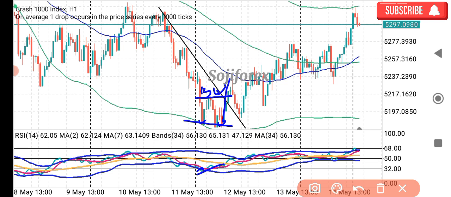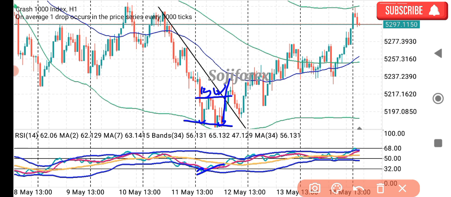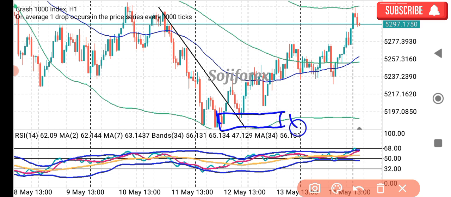And immediately that happens, we already have, this is our order block. So you mark out your order block, OB. And look at what happened.